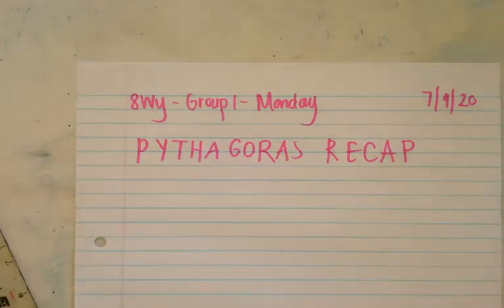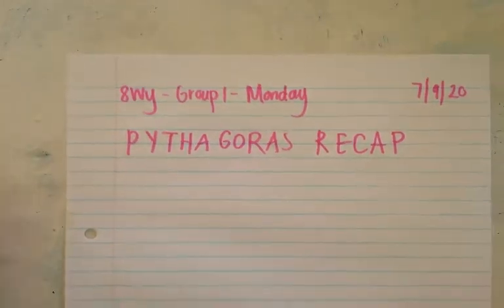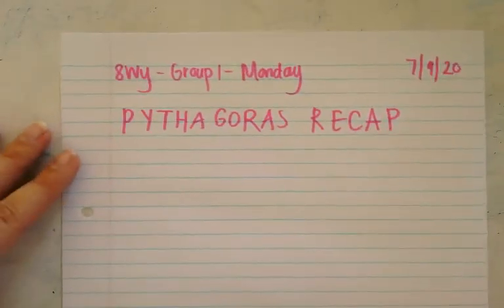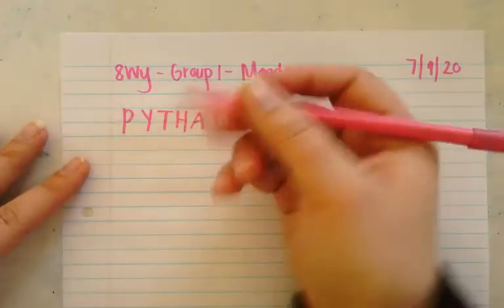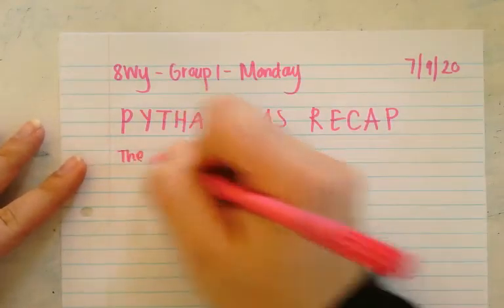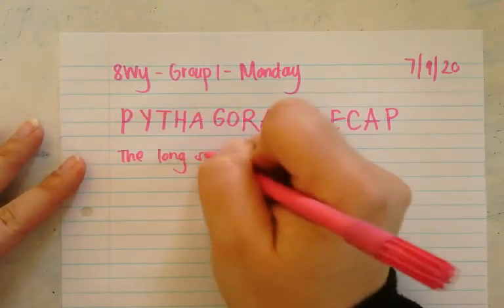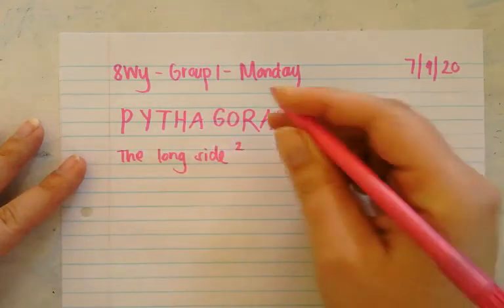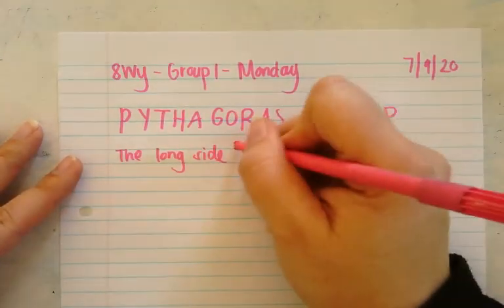Okay, Pythagoras is a theorem that we use in mathematics, and the words of the theorem are the following. The long side squared, let's write squared in words.